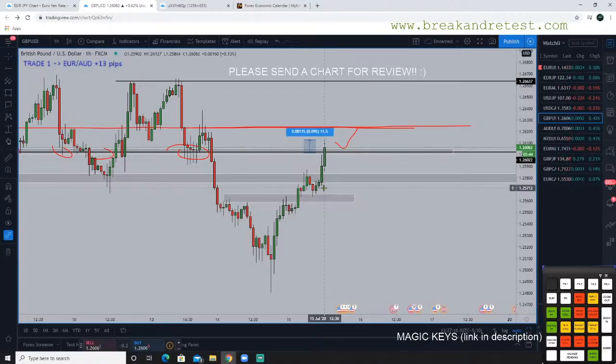Yeah, GCAT can play out, but still I wasn't confident on it. It wasn't the best break and retest, so I didn't want to risk. Let's see how the 1 hour is gonna close now, and we can make a decision. If it does close like this, it's gonna be a small breakout.